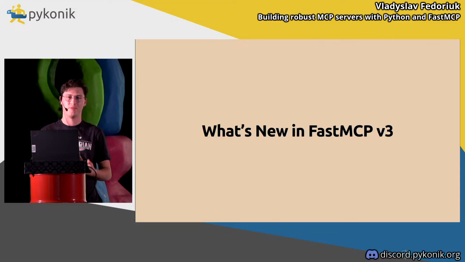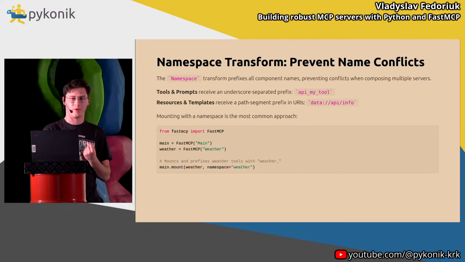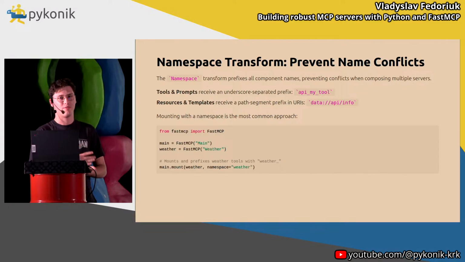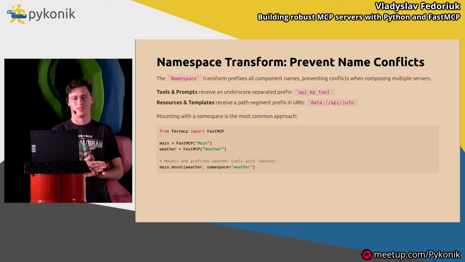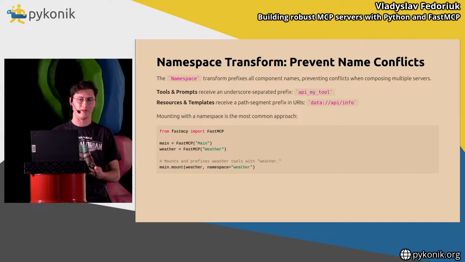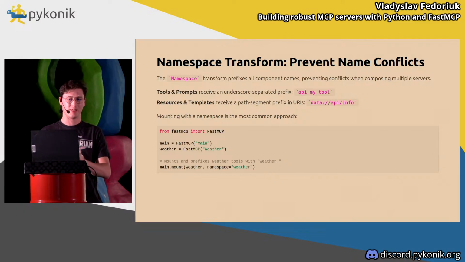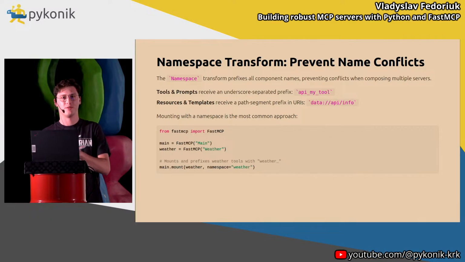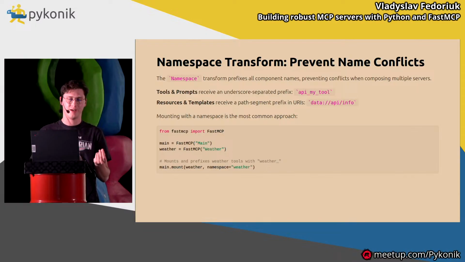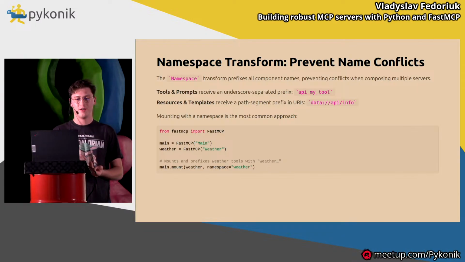And as the last cherry on the top, I wanted to explore what's actually new in FastMCP version 3 and how it can also affect the way we design our MCP servers. The first thing I wanted to talk about is namespaces. If you have a lot of tools and you're trying to group them by a certain domain or workflow, you can use namespaces to mount FastMCP sub-applications into that one root application, similar to what we did when mounting our FastMCP app as an ASGI sub-application.